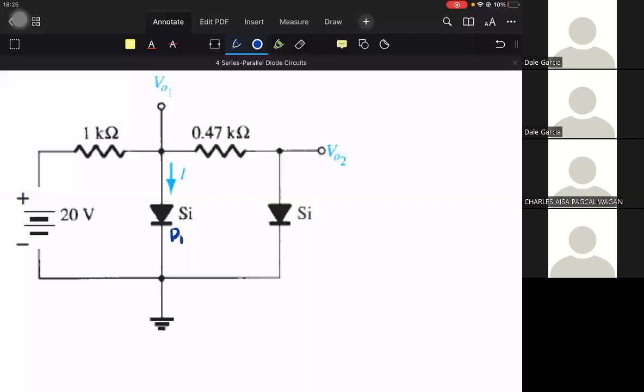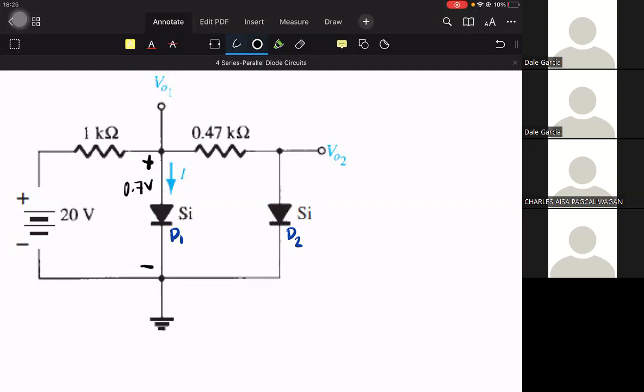Let's say this is diode 1 and this is diode 2. Once diode 1 turns on, it will have a voltage drop of 0.7 volts.